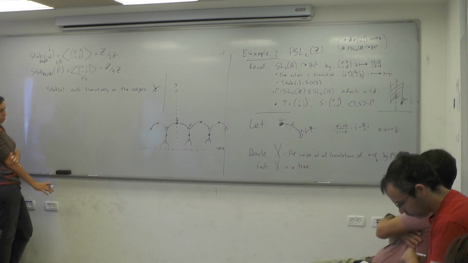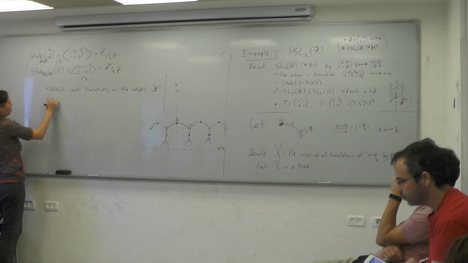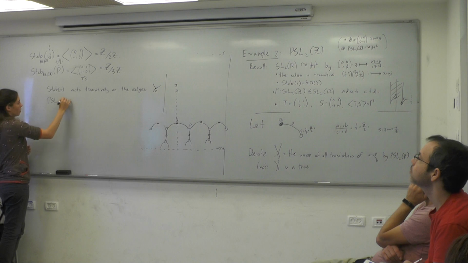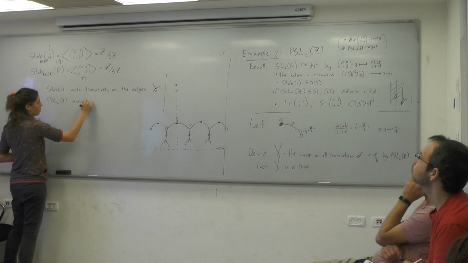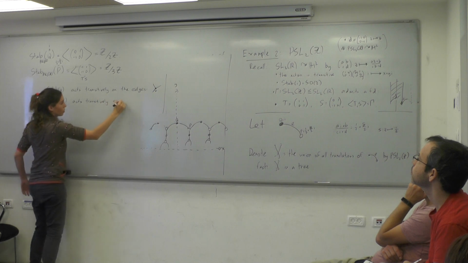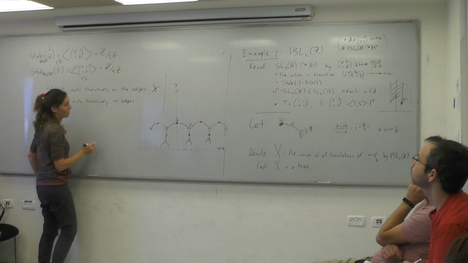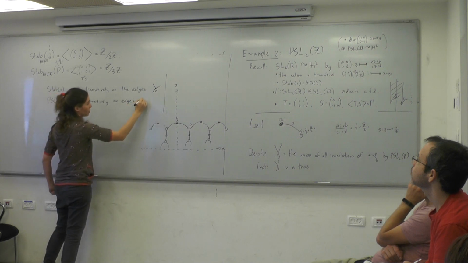And what else do we need to observe? I think that's it. Okay, and in general, PSL2Z acts transitively on edges, on the edges.